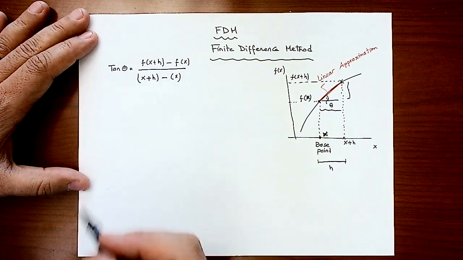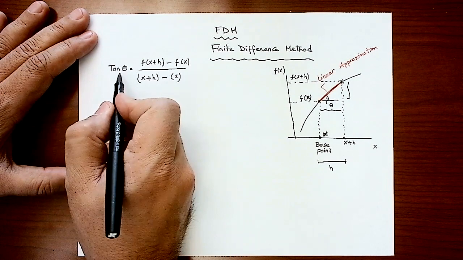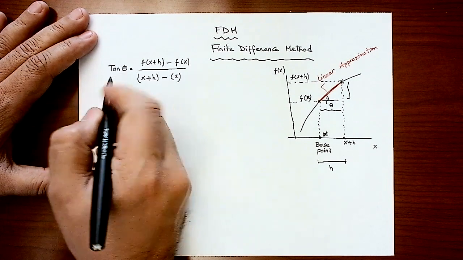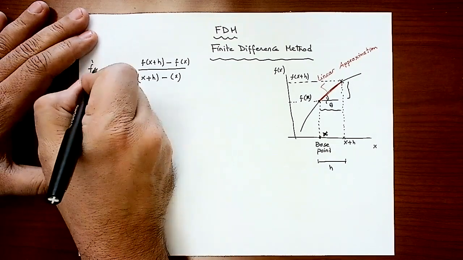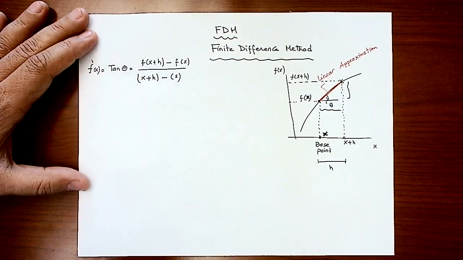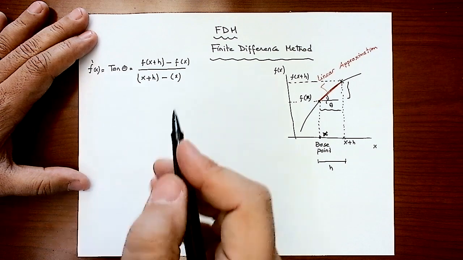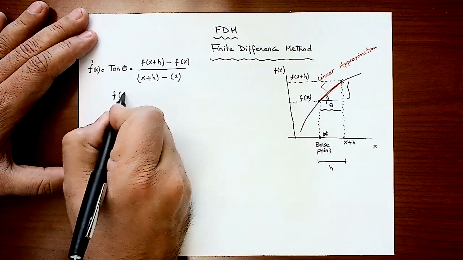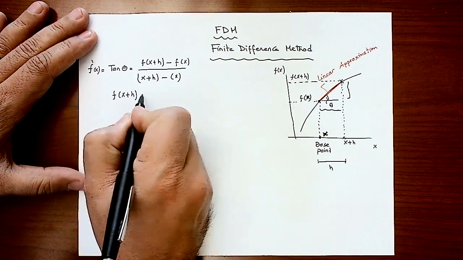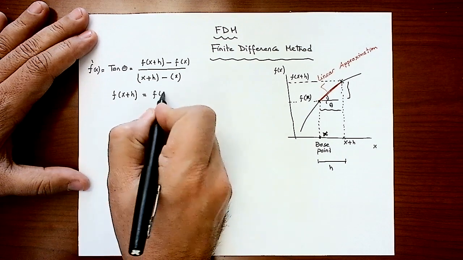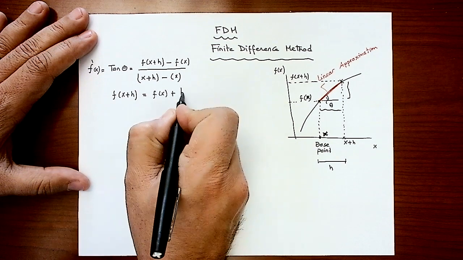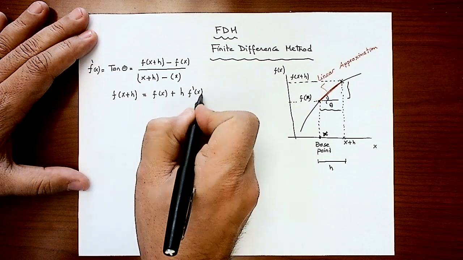So if you do that, this is your slope. This is the derivative of the function, so this would be simply f prime of the function at the given point x. So you simplify the equation here: f of x plus h is simply equal to f of x plus h f prime of x.